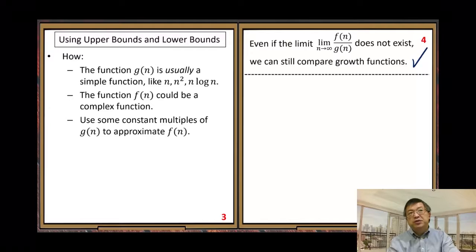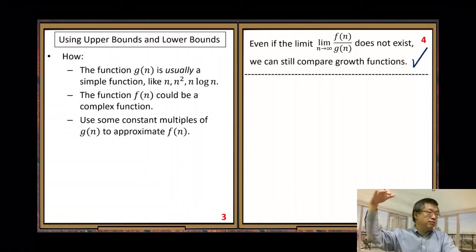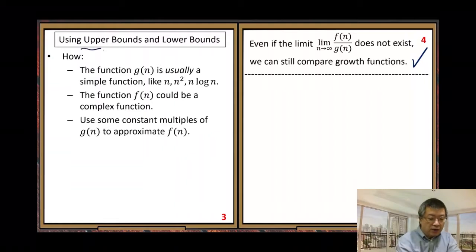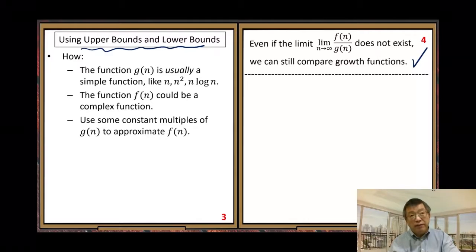So we use a relatively simple g function to approximate the order of growth. But the question is, how do we do the approximation? Upper bounds and lower bounds of f of n using constant multiples of g of n.